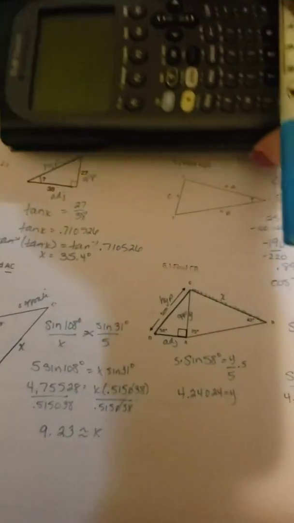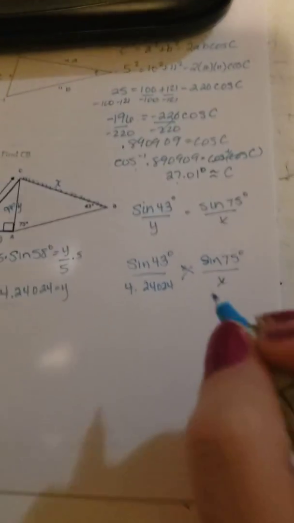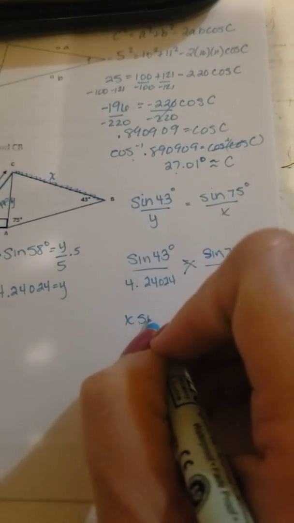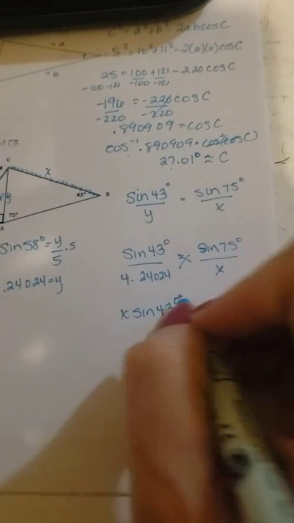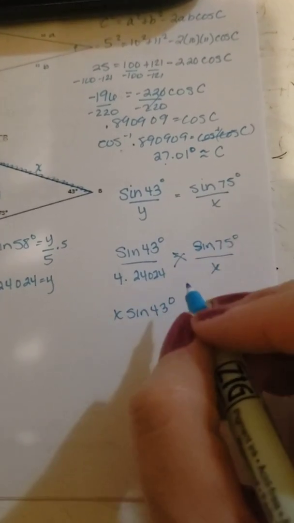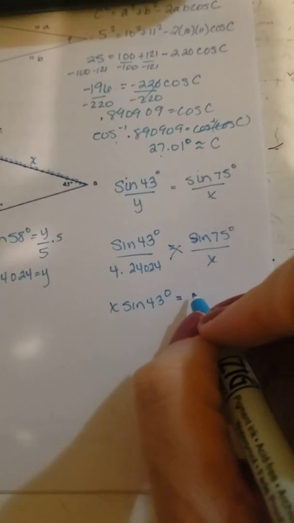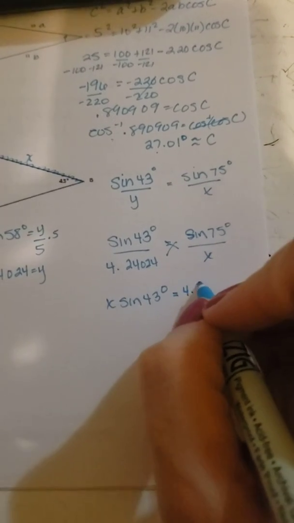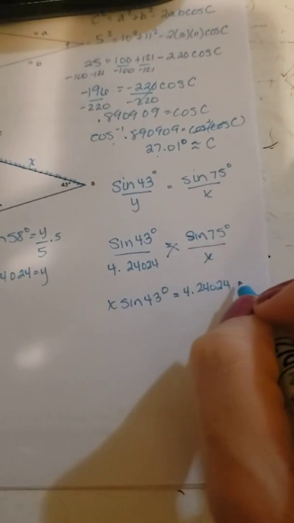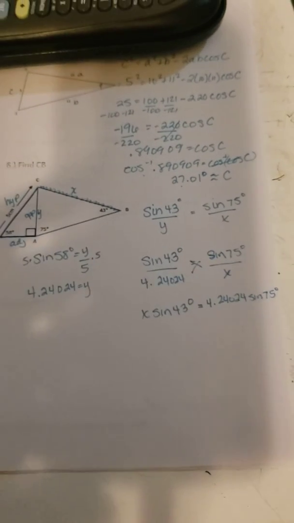Put my calculator on the paper so it stops sliding around. All right, so cross multiply. I get X sine 43 degrees equals 4.24024 sine 75 degrees.